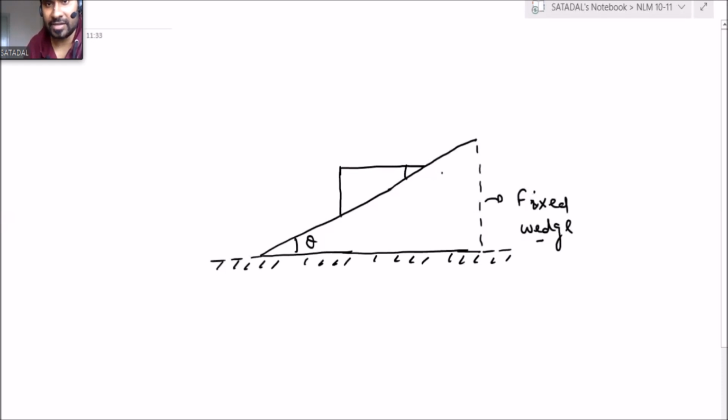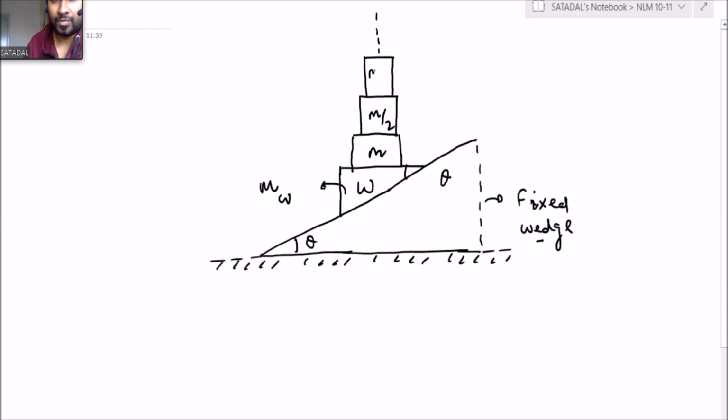So this angle is also going to be theta. This is a wedge. Mass is given to be, let us say, MW. And over it, blocks are kept like this. Masses are M, M by 2, M by 4, in series, it is kept.